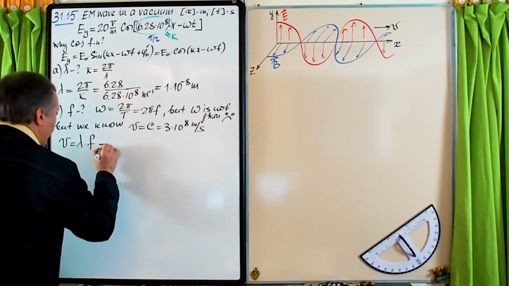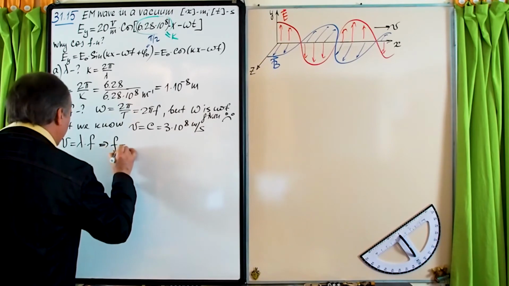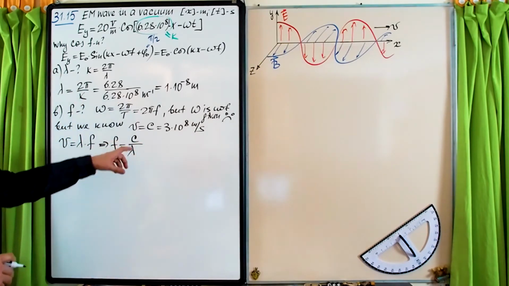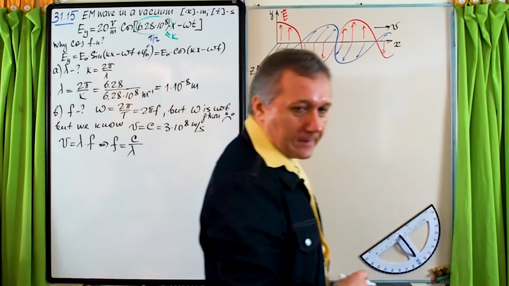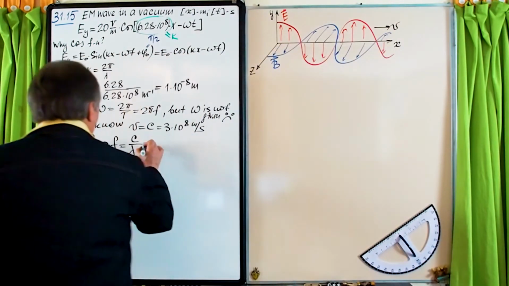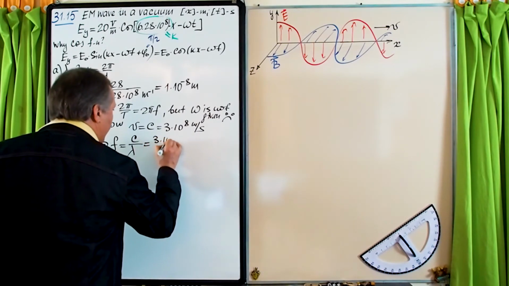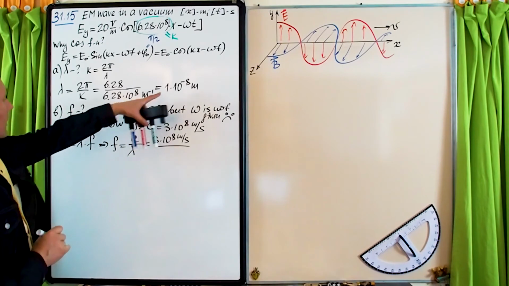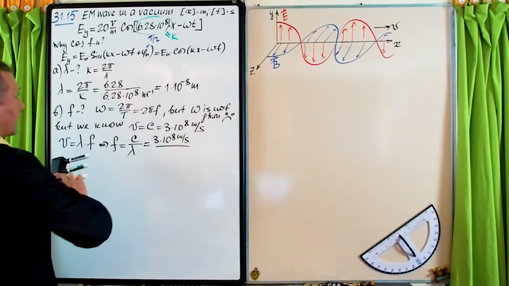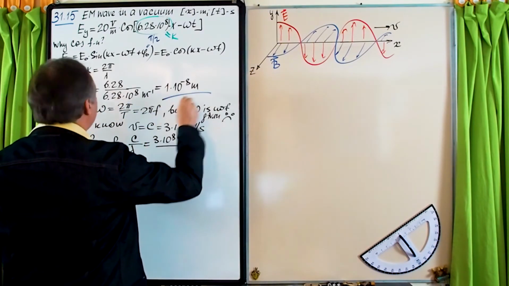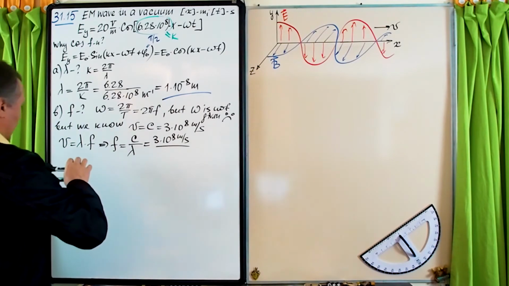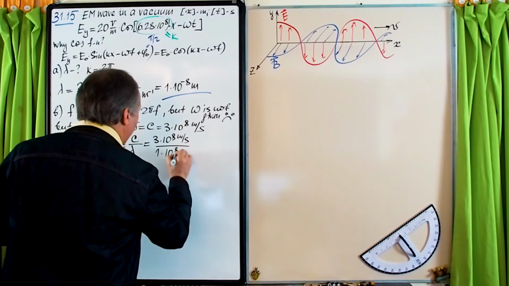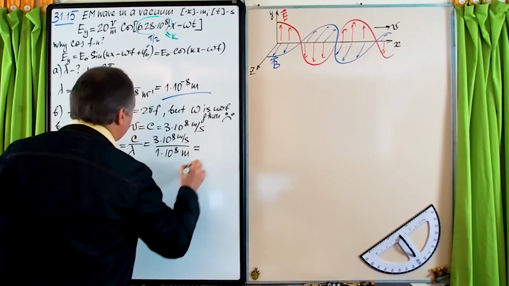So from here, f equals c over lambda. I changed v to c immediately. So c, 3 times 10 to the power of 8 meters per second, divided by the wavelength. Let me underline this wavelength. All right, so 1 times 10 to the power of -8 meters.